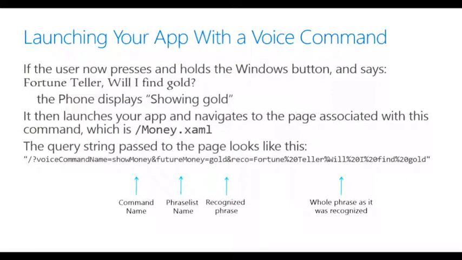So once that is installed, when the user presses and holds the Windows button and says fortune teller, will I find gold, it will respond with showing gold, and then it will launch your app to that page, money.xaml. And when it launches into that page, you get a query string passed into the page, which you will look at in your code in OnNavigatedTo to find out how that page has been launched. So you can figure out that you've been launched as a result of a voice command.